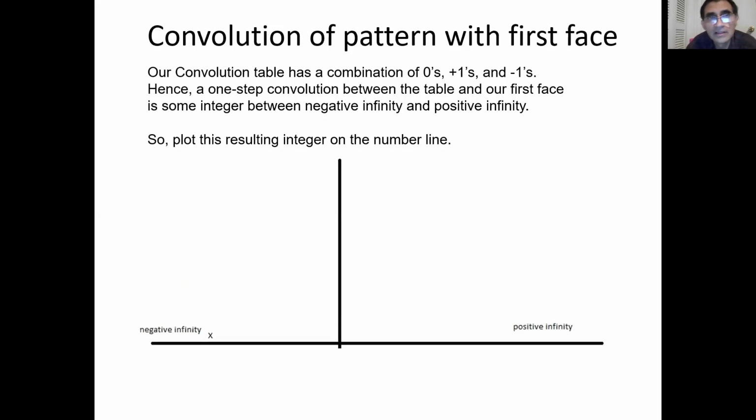And I will compute a 1-location convolution between the pattern that I picked. Remember, I picked only one exact pattern, and I'm going to do a 1-location convolution between it and my first face that I had in my database, okay?